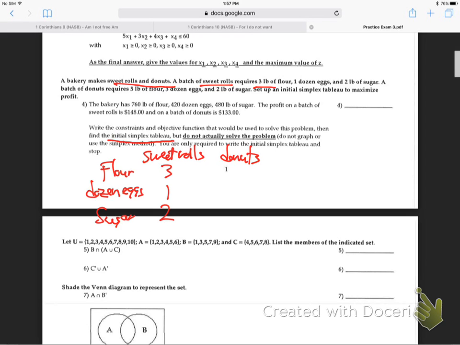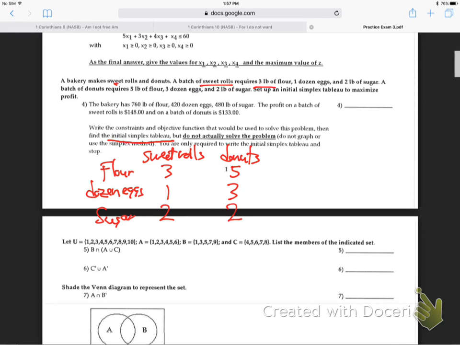And the donuts require 5 pounds of flour, 3 dozen eggs, and 2 pounds of sugar. Like that. And the bakery has... are we good so far? Am I racing ahead too quick? See how we set this up?